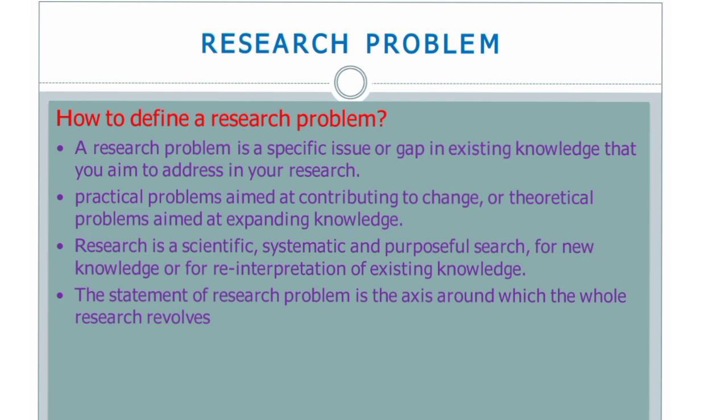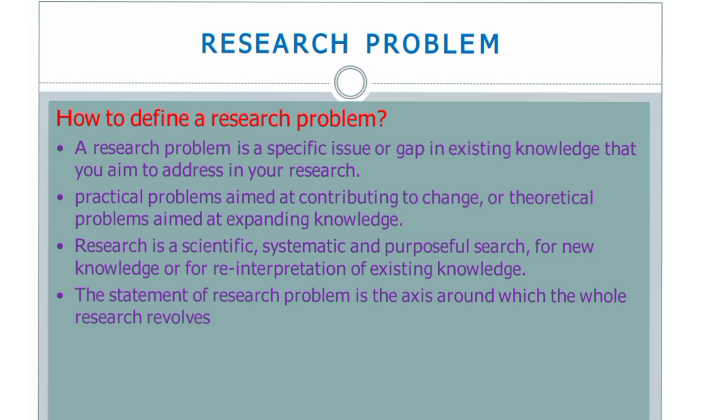Research is a scientific, systematic and purposeful search for new knowledge or for reinterpretation of existing knowledge. Research is a scientific thing, so no person can apply his own thoughts, beliefs or assumptions to the research. It is a scientific process and a systematic process.